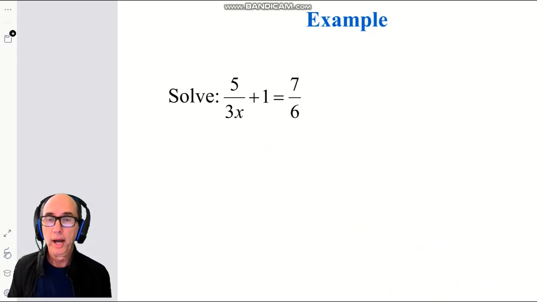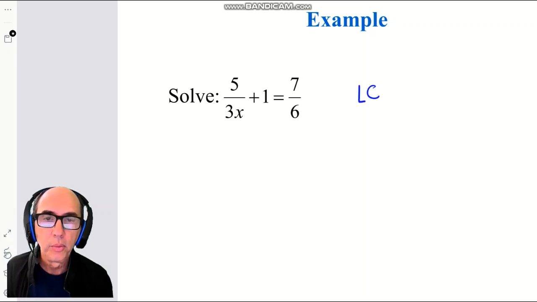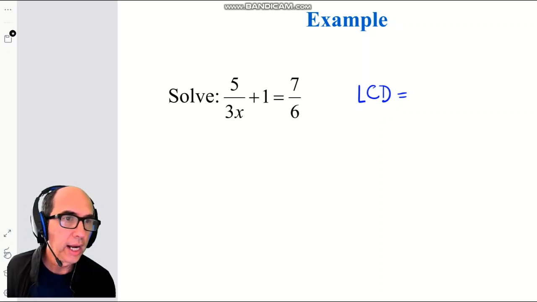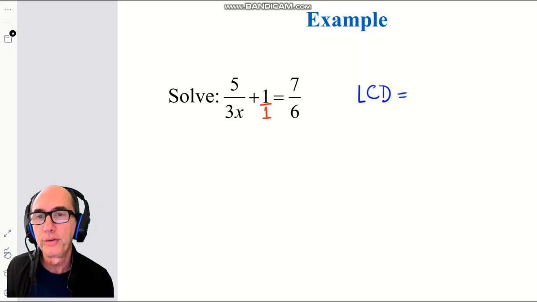Every time you have a rational equation, the first thing you will try to find is the least common denominator, right? And check all the denominators, even the integers will have a denominator. You can transform 1 as a fraction, 1 over 1, right?